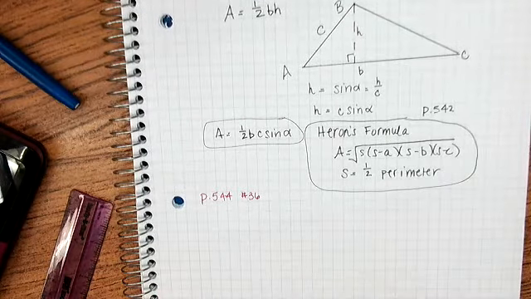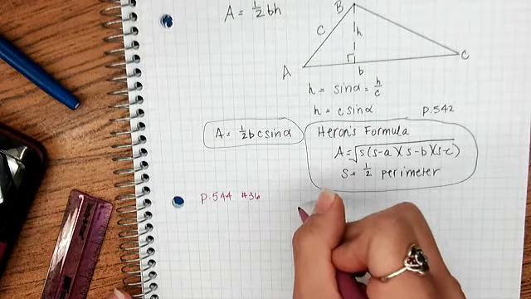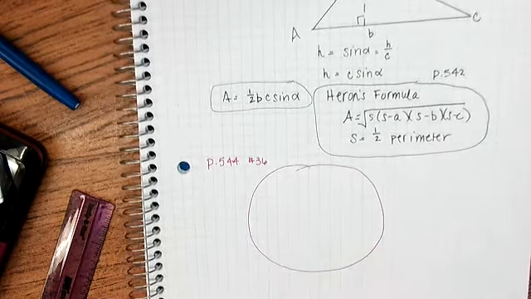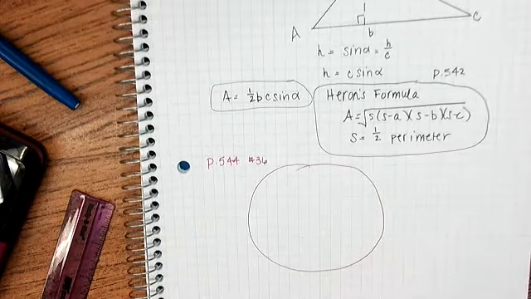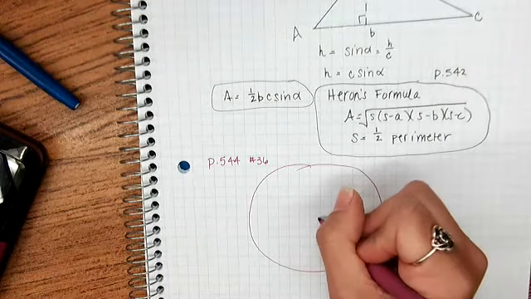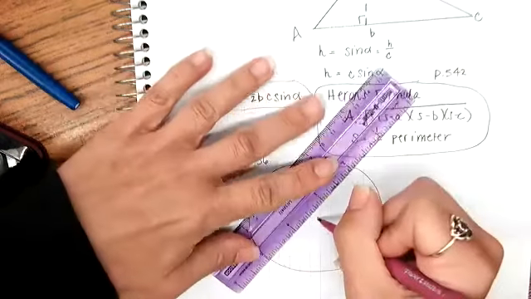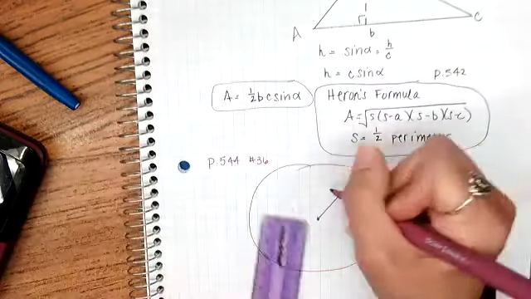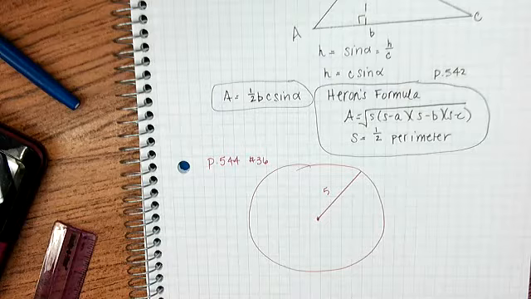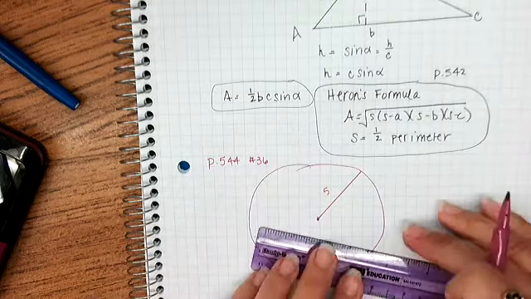Okay, so we have a circle. Here goes nothing. You know, in Miss Babiak world, that's pretty darn good. So we have a segment of a circle. Radius is 5 inches, and it's a central angle of 40 degrees.